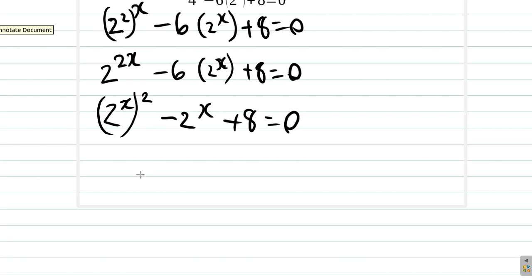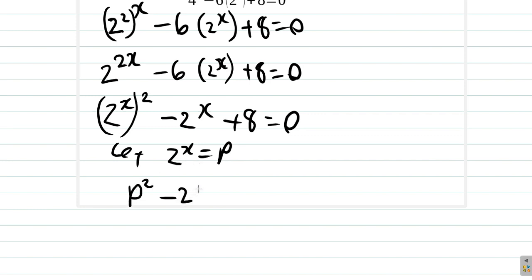Let's say 2 to the x equals p. What you have is p squared minus 2p. Oh my, not 2p. I left off the 6. I just realized it. Let me remove this and put the 6 there.